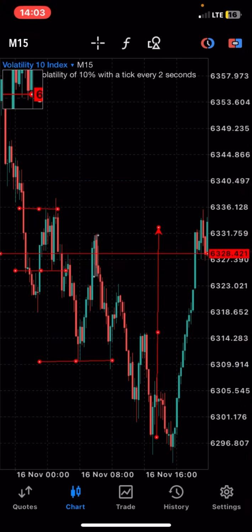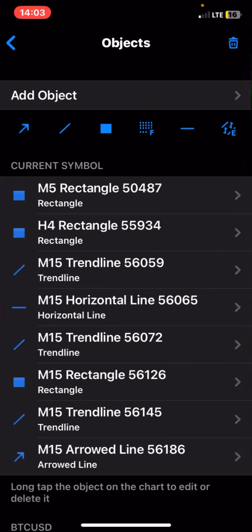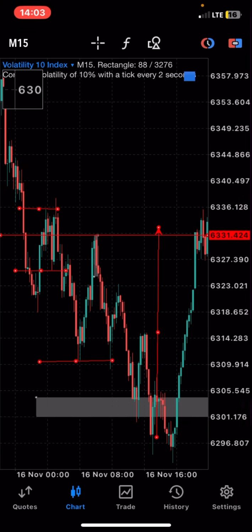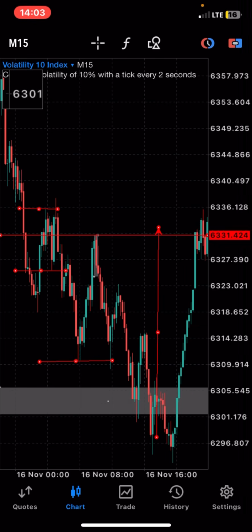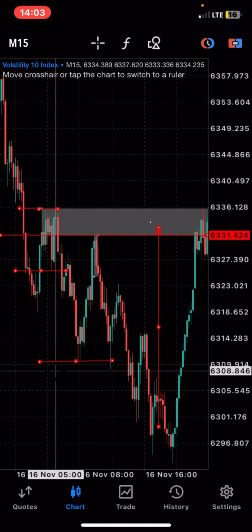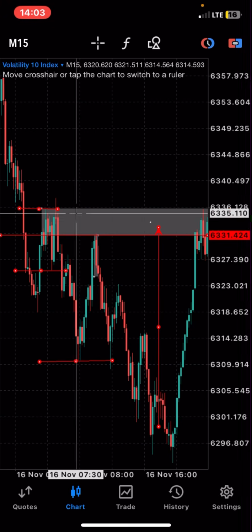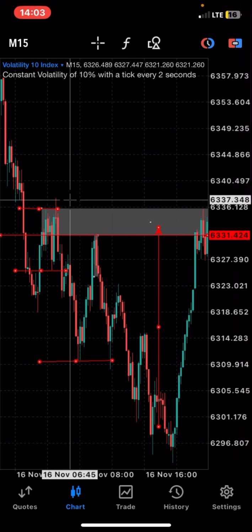So what we wanted it to do is to come and take out this structural liquidity into what we call our point of interest. Very important, because that's where all of the liquidity is being collected, in our point of interest. Our point of interest is where this sweep happened over here. This sweep, the order block that failed, where the sweep is.